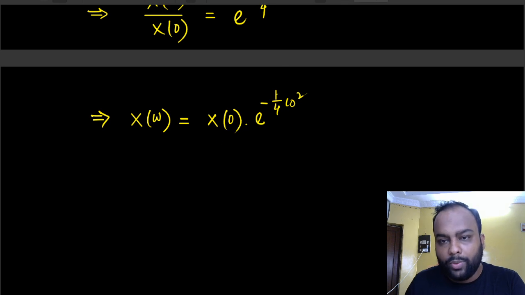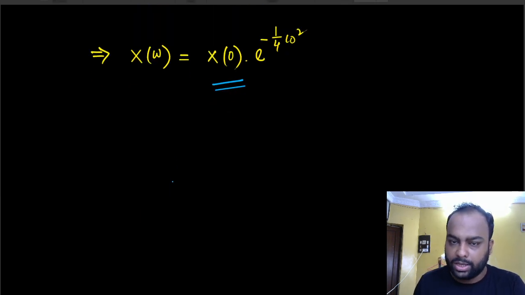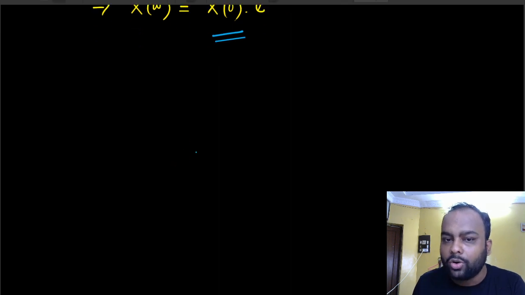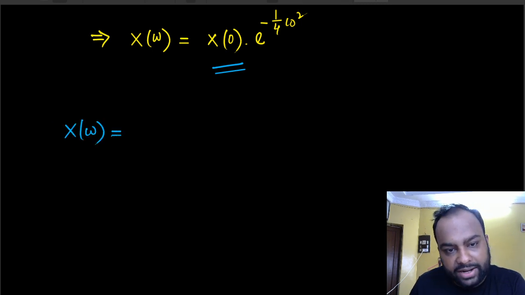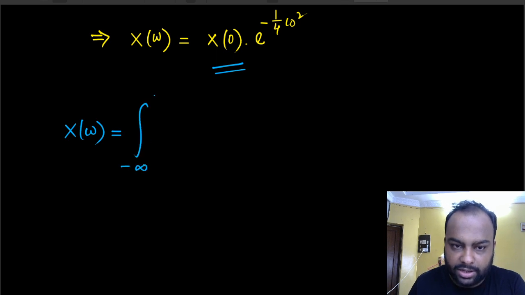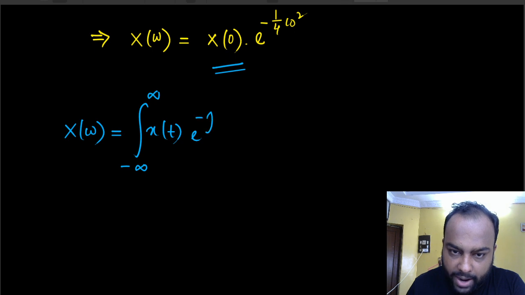Actually, all we need to do right now is to calculate the value of x0. But in order to calculate the value of x0, let's recall the definition of Fourier transform. We defined the Fourier transform X(omega) as this integration from minus infinity to infinity of x(t) e to the power minus j omega t dt.